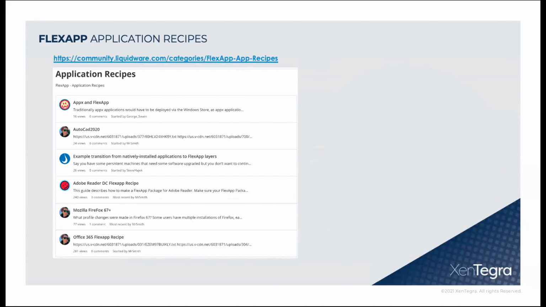So Liquidware does have a community site. Definitely recommend going and checking this out. Now, I keep using Citrix App Layering because that seems to be a common one that customers have experience with. In the past, Citrix would maintain a set of application recipes, right? How do I layer this so it works correctly? Liquidware also had, or still has, a community site, but if you go out there and look, it's really reduced.